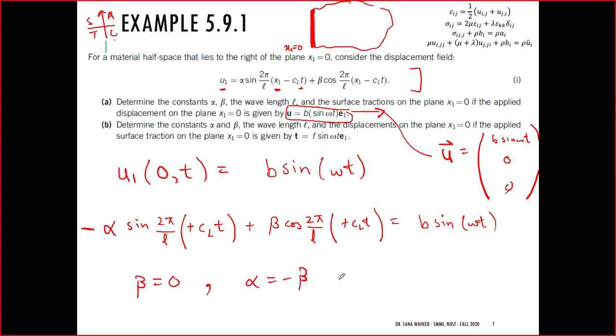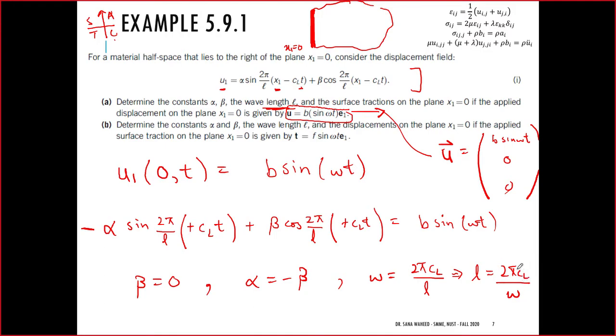And finally from the arguments within the sinusoidal function we see that omega is equal to what? 2 pi C_L divided by L. And we had to find the wavelength L. So that becomes L is equal to 2 pi C_L divided by omega.